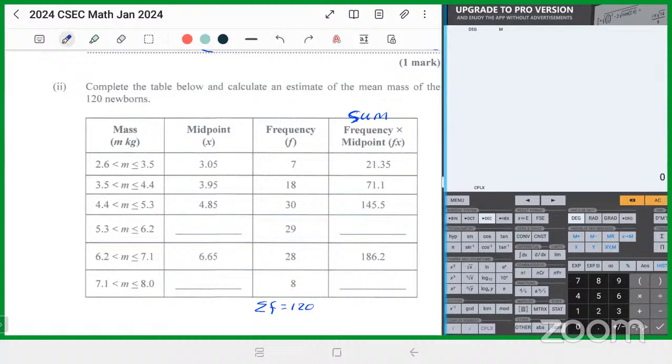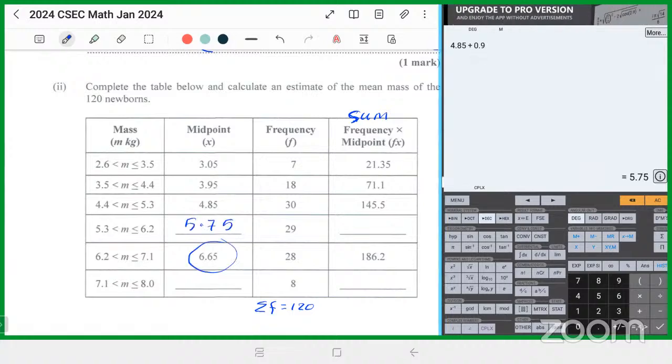Or if you want, you could take the average of these two values to get the midpoint value. But I'm just going to do the simple way: 4.85 plus 0.9. The calculator wants to flop me this morning. It's 5.75.